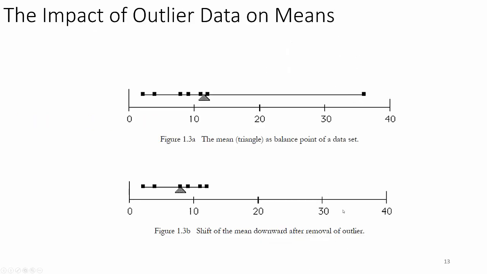Here's another way to think about the impact of means and outlying data and medians. If you think of the mean as a triangle that is the center balance point for data on a big beam, and the most extreme data point out here, think about the lever arm. So you have a big lever arm about the moment, which creates a significant amount of force, which disproportionately influences where the balance point is, where that triangle has to be placed.